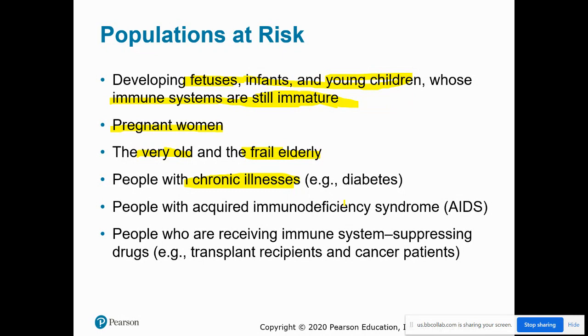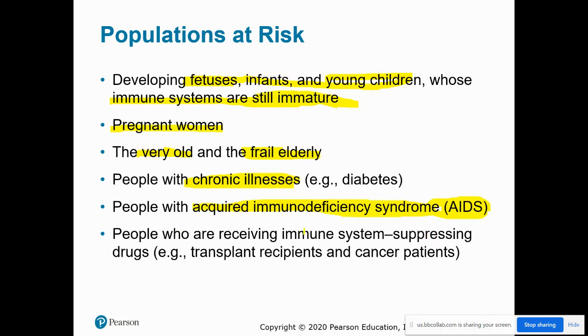And so then if you ingest this toxic substance or organism, well, your immune system won't be as robust to handle it. Again, anybody who has any sort of immunodeficiency or immunocompromised issues, so anyone who has AIDS is definitely going to be at a higher risk for getting a severe reaction from a foodborne illness.